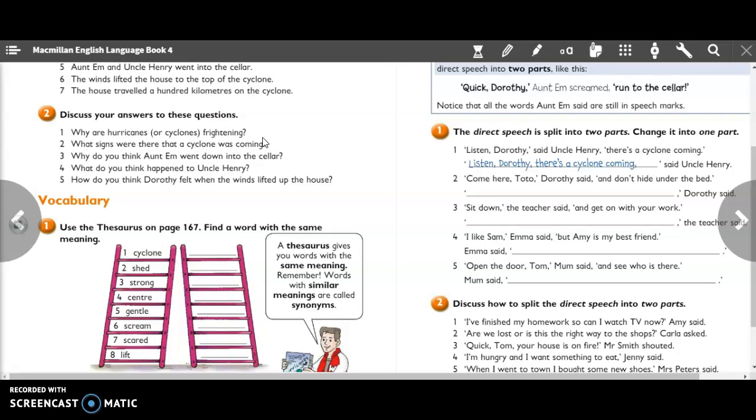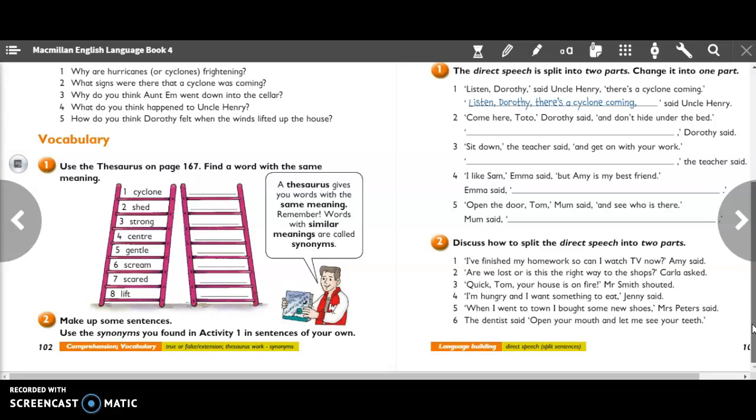Remember, however, we need to discuss in English. So try your best and use the English language to discuss these. For this exercise, you don't have to write anything. I don't need to see anything. I just want you to discuss, get used to speaking in English.